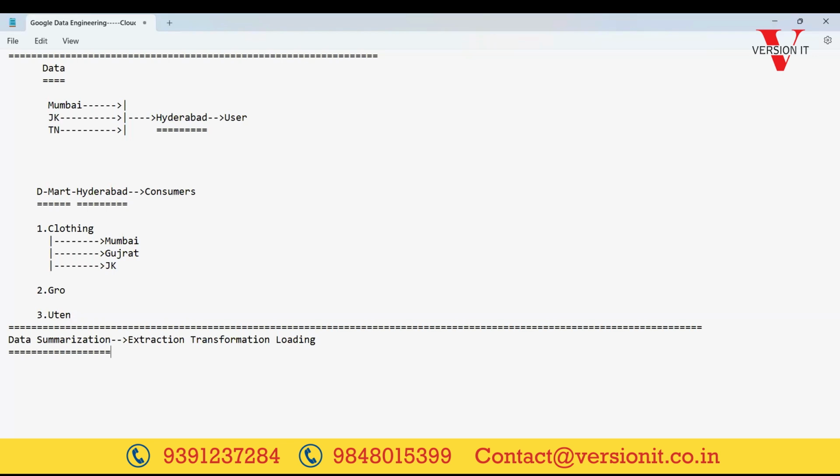The next one you can also say is extraction, transformation, loading, and also extraction, loading, and then transformation.